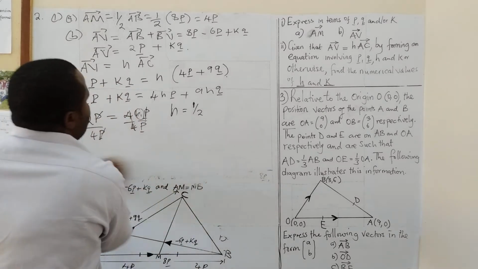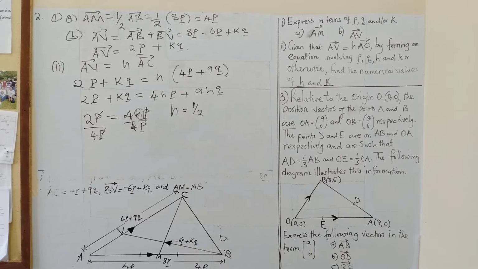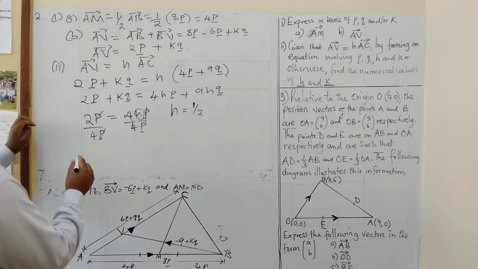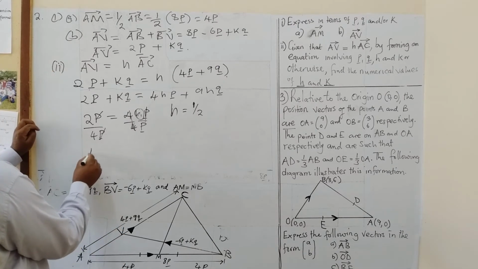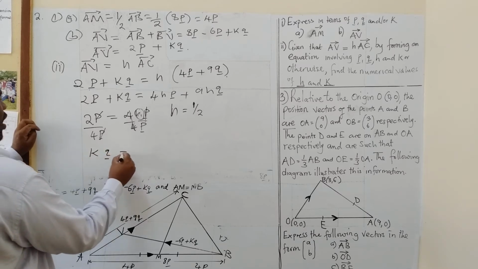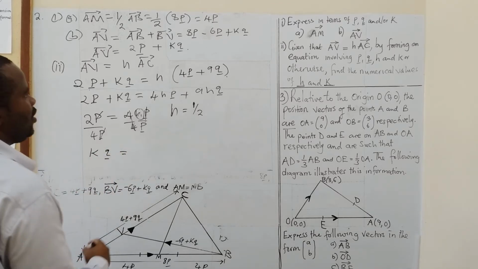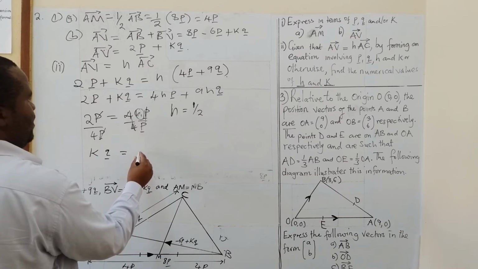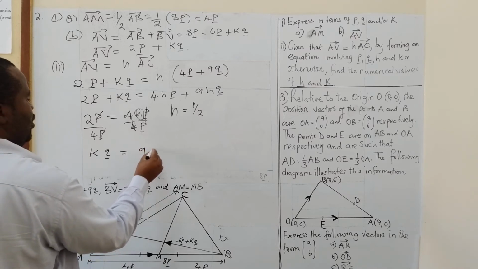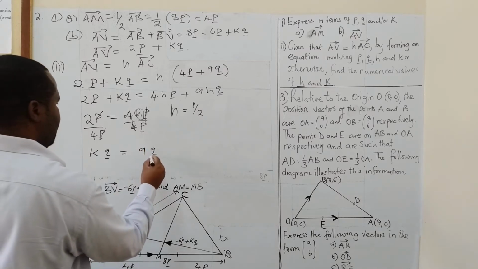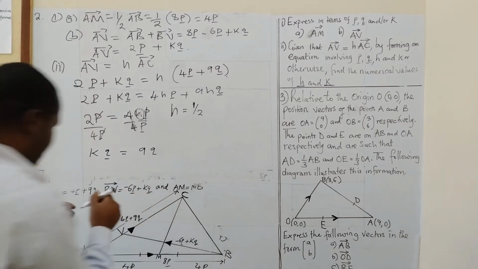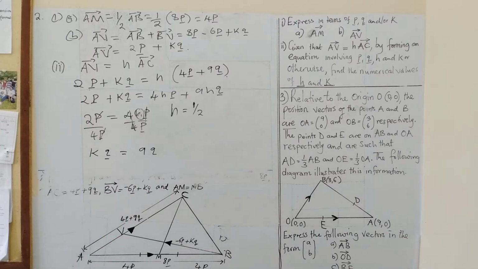The next one, what are we supposed to find? K, is it? Yes. So we are saying KQ is equal to 9Q, right? Okay, this is what we are supposed to have. There is H here.